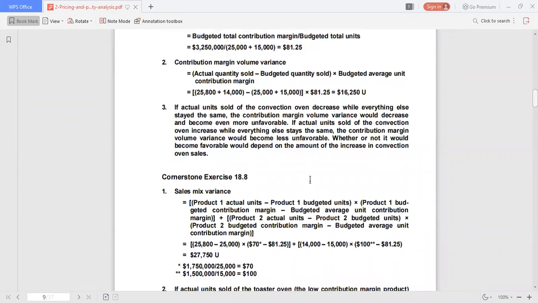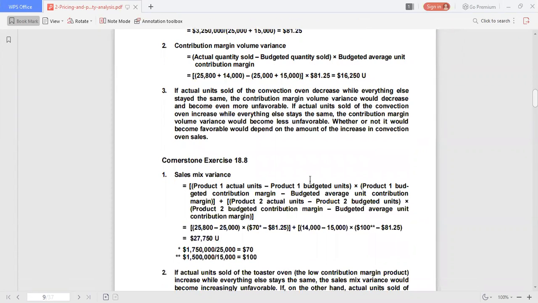So for the sales mix variance, our formula is product 1 actual units minus product 1 budgeted units. So product 1, toaster oven, actual units equals 25,800.